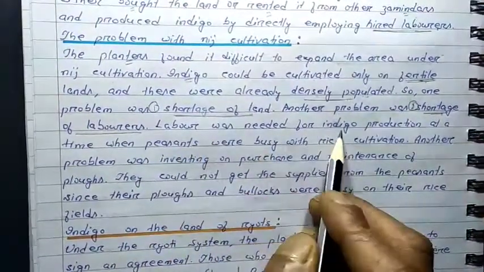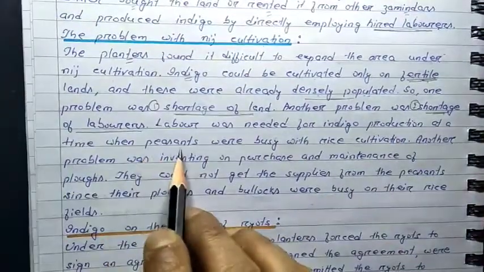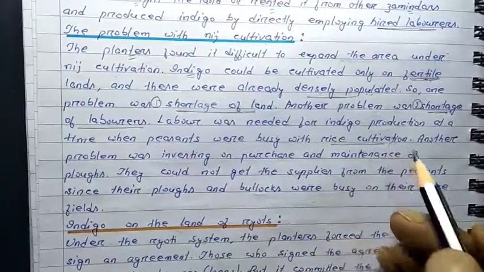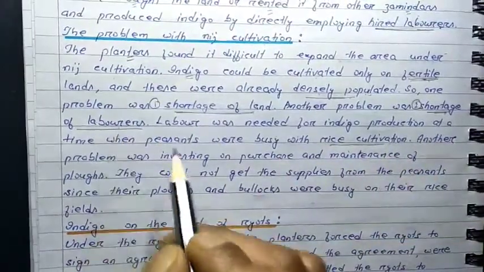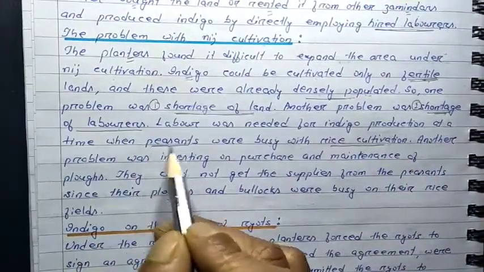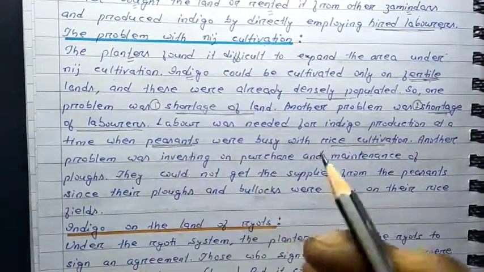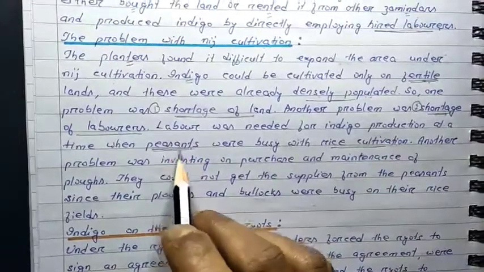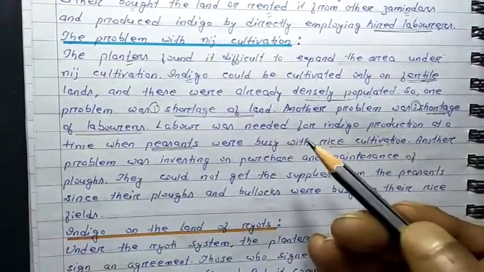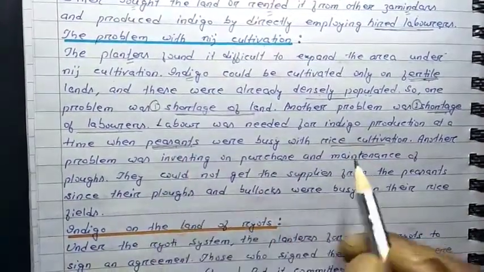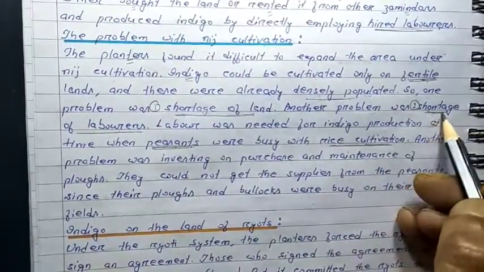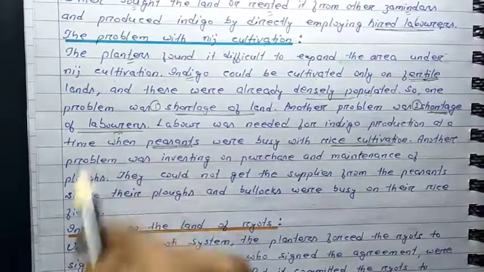Labor was needed for indigo production at a time when peasants were busy with rice cultivation. Generally, these laborers were mainly from the peasants, but when the planters were in need of laborers for indigo production, at that time the peasants were busy with their rice cultivation. As a result, the planters faced the shortage of laborers.